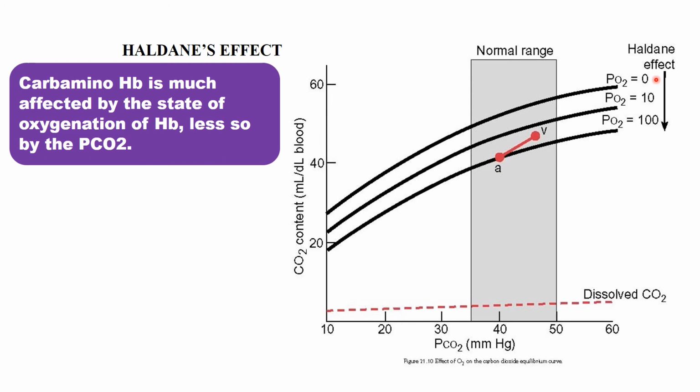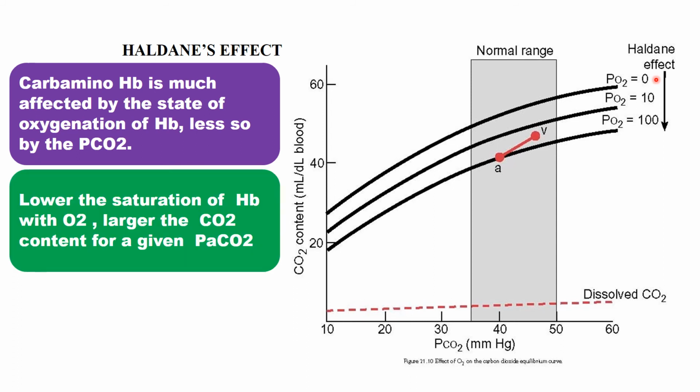We know that carbaminohemoglobin is much affected by the state of oxygenation of hemoglobin, less so by the partial pressure of carbon dioxide, meaning thereby that the lower the saturation of hemoglobin with oxygen, the larger is the carbon dioxide concentration at a given PaCO2.